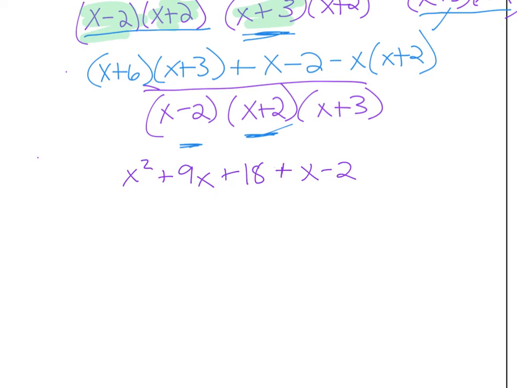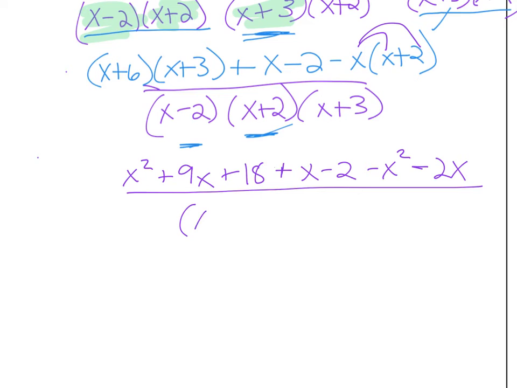All right, and then this last term is a minus x times x, so that's minus x squared. And then a minus x times a plus 2, so that's minus 2x. This is all over x minus 2, x plus 2, x plus 3.